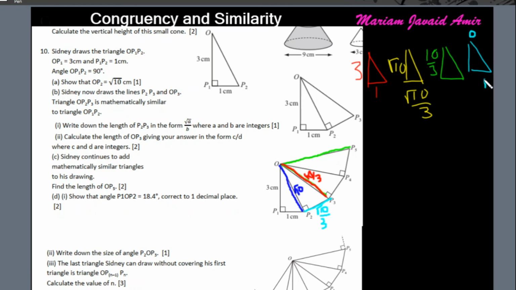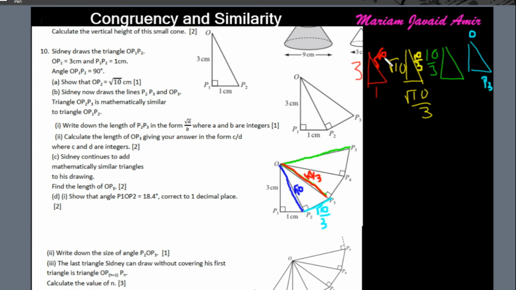Also I know that this is under root 10. So I have a yellow under root 10 and a red under root 10. Similarly, I have 10 by 3 on the yellow triangle and 10 by 3 on the green triangle.